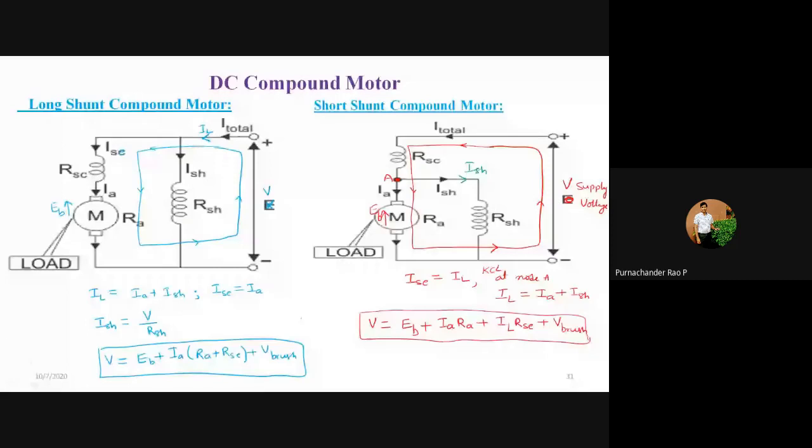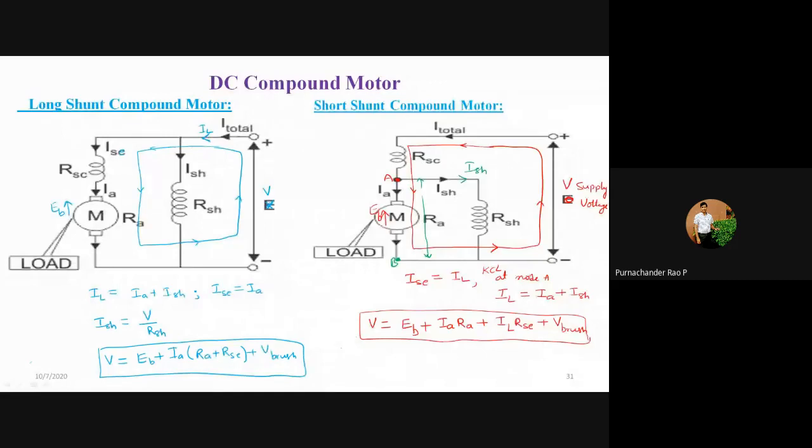I can assume this is point A and this is point B. That means the voltage across the nodes A and B.